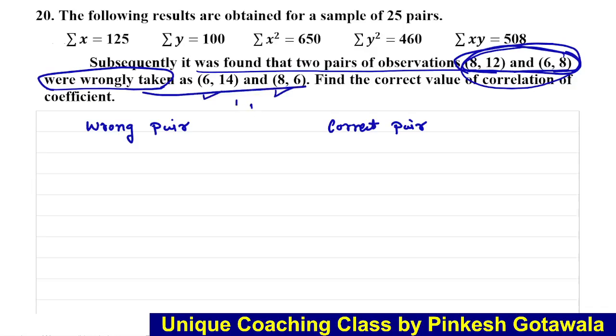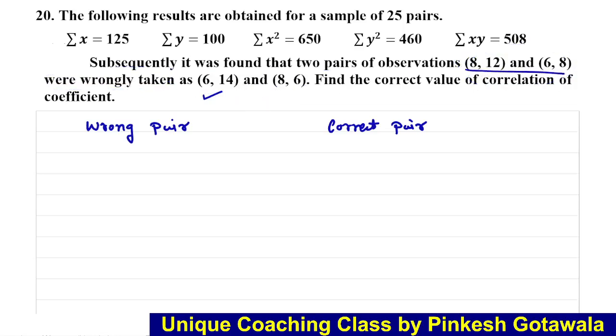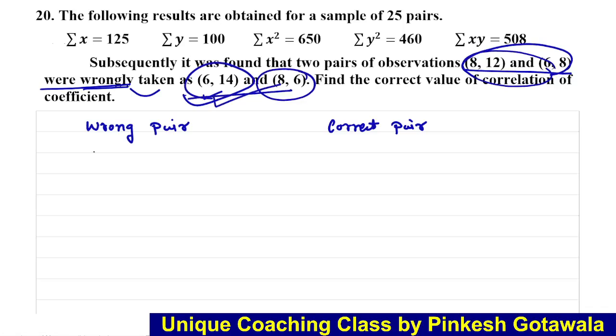Okay, it is wrong. Because look at the words, normally many students think that 8 12 and 6 8 were wrongly taken, so they think this is wrong. No, wrongly taken as 6 14 8 6, that is, they were taken as this. So this is the wrong pair which is 6 14 and 8 6.